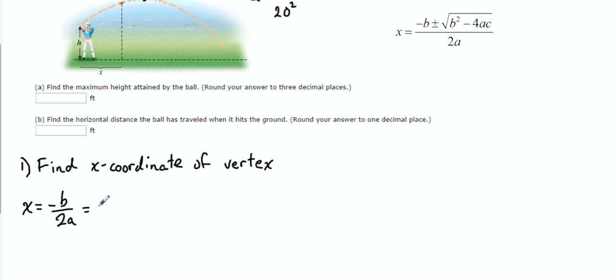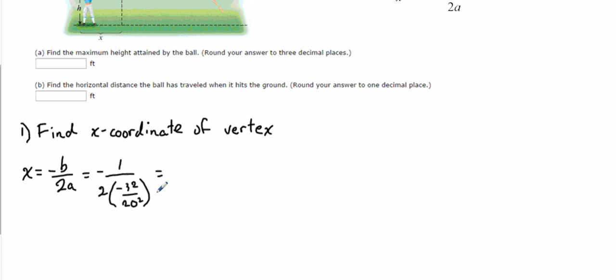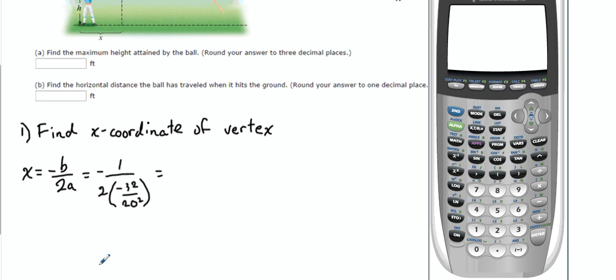You always start off with your negative no matter what b is. We already said b is 1 over 2 times a, which is negative 32 over 20 squared. Now, we're going to use the calculator to figure out what this x-coordinate is.